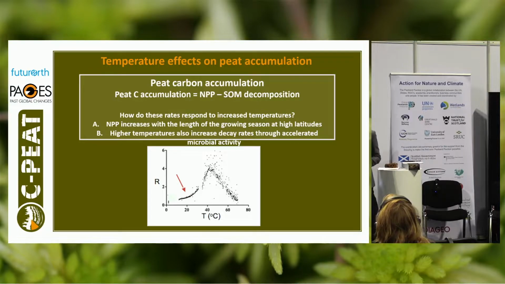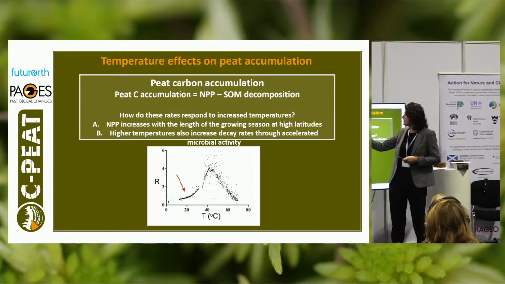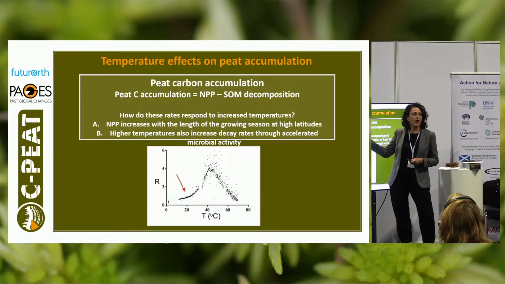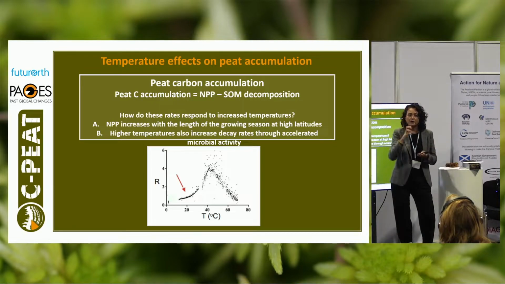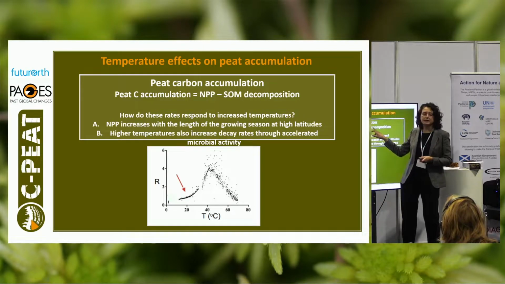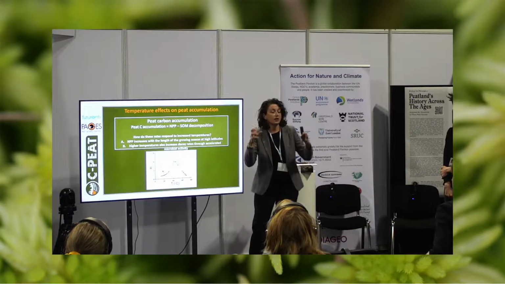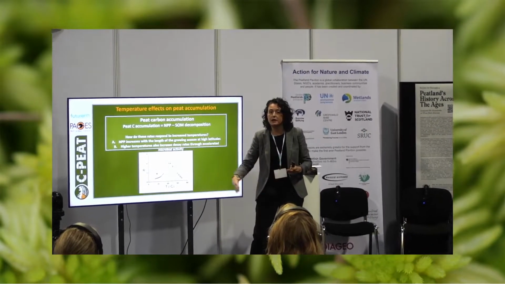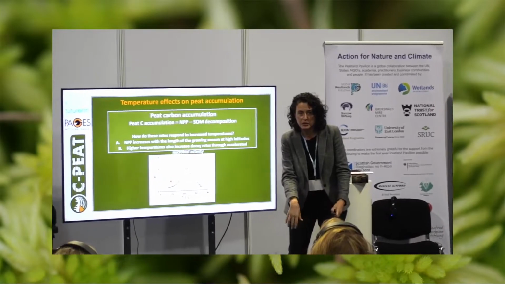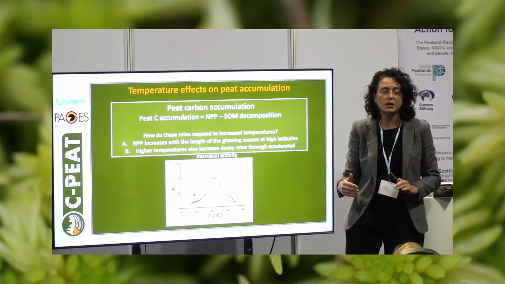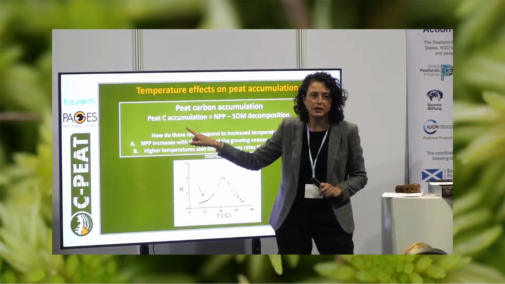How much peat is accumulated is the result of photosynthesis, so how fast the plants are uptaking carbon from the atmosphere, minus the rate of decomposition, let's say simply put. So how much carbon is being brought into the system versus how much carbon the bugs in the soil are decomposing and releasing back into the atmosphere. And the balance between those two things will give you how much peat is accumulating.